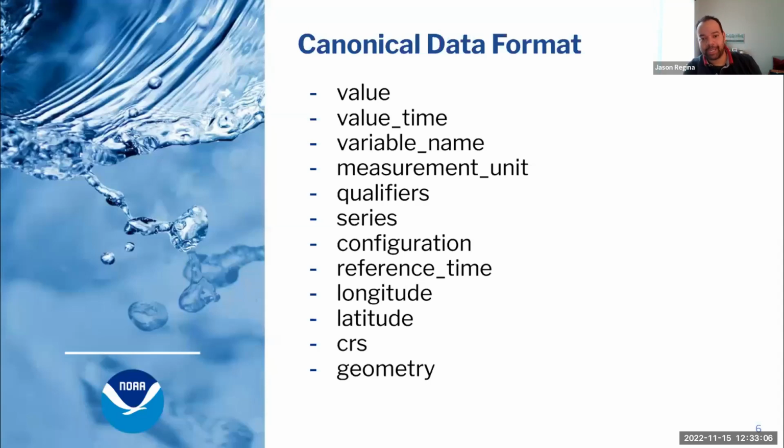So our solution was to have a set lexicon of special words, so that if a column is present in your data frame, you know what it is and what it refers to. This is defined in the HydroTools README. This is the other side of trying to simplify things: having this canonical data format, at least for data frames.